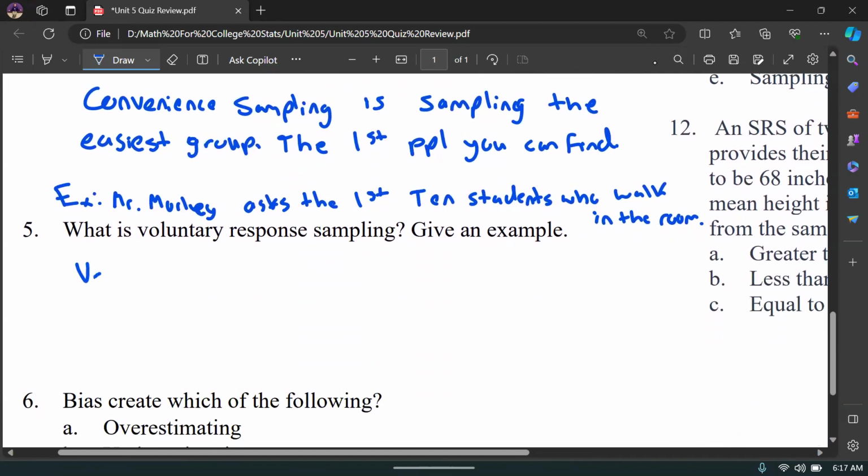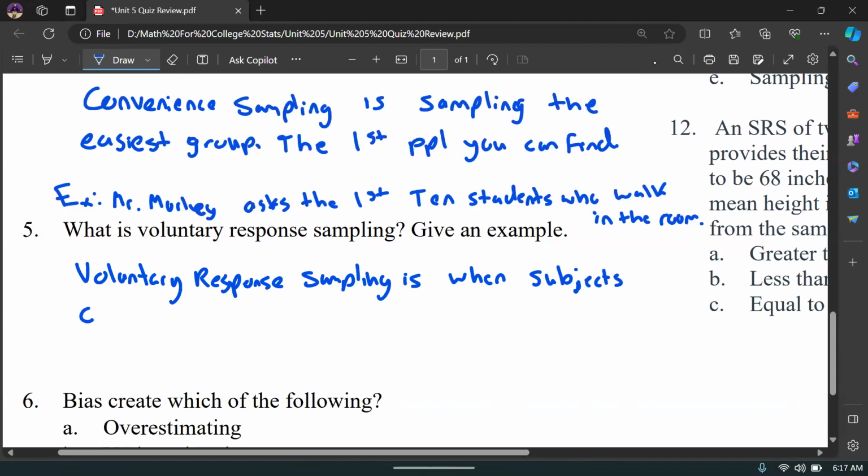So voluntary response sampling is when subjects can choose whether or not to participate.